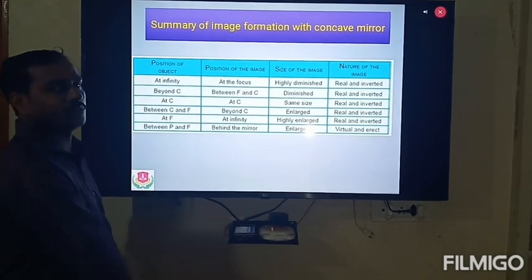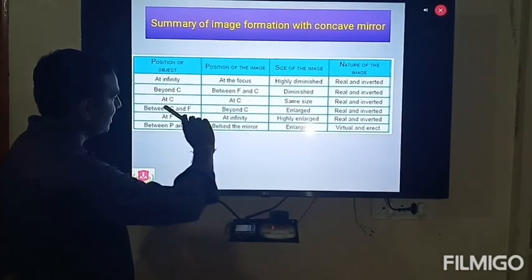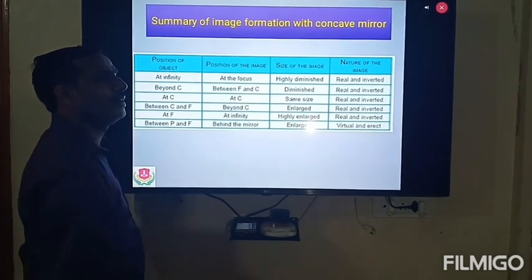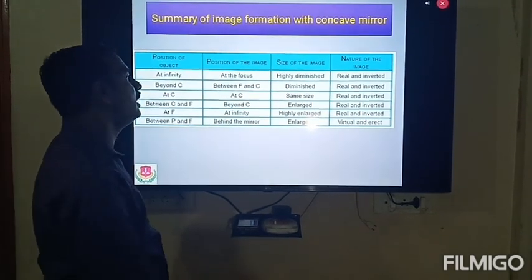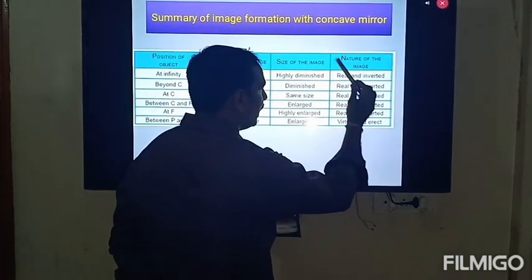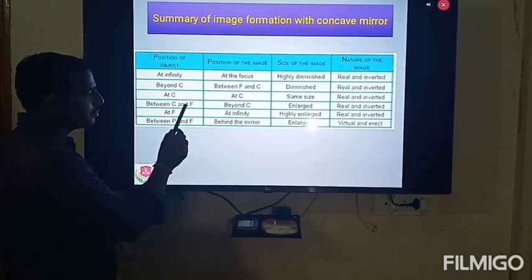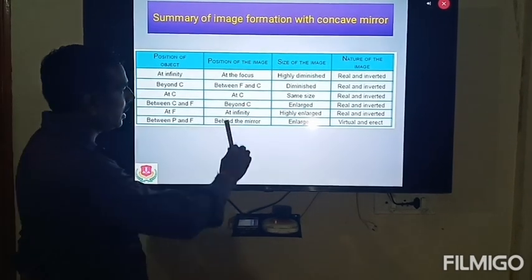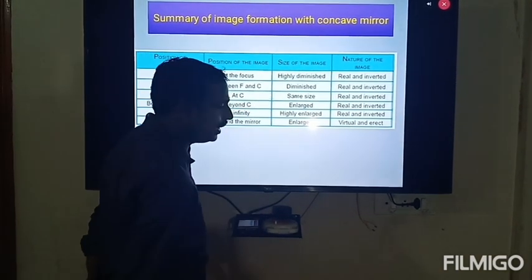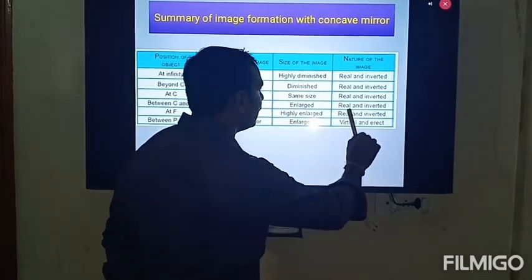Now when we place the object at C, this is a very important case. It comes more often in the examination. We get the image at the same point C, of the same size, real and inverted. When we place the object between C and F, we get an image beyond C, enlarged, real and inverted.